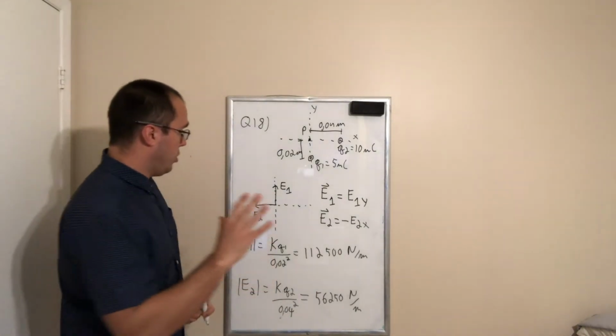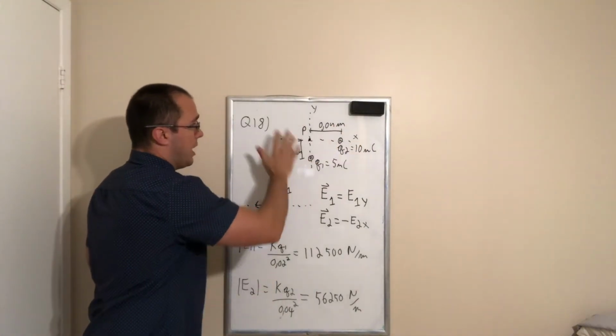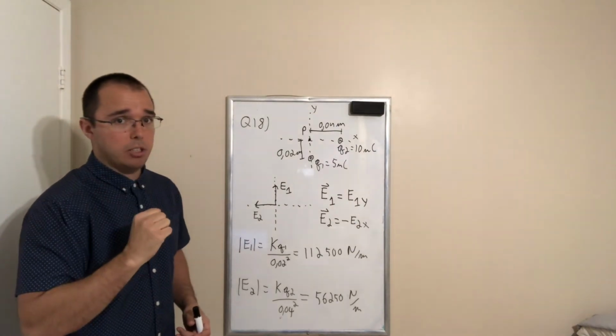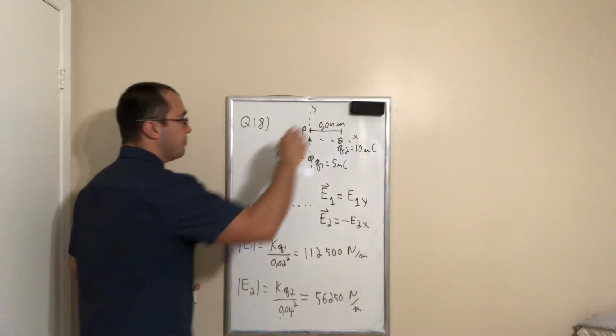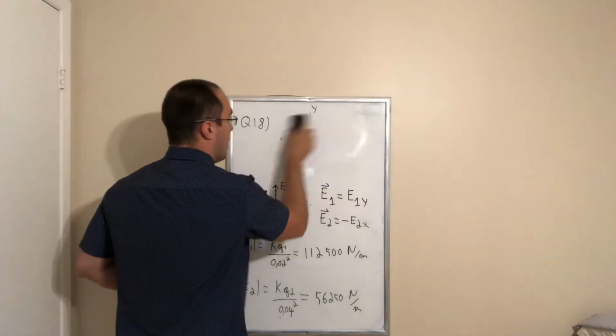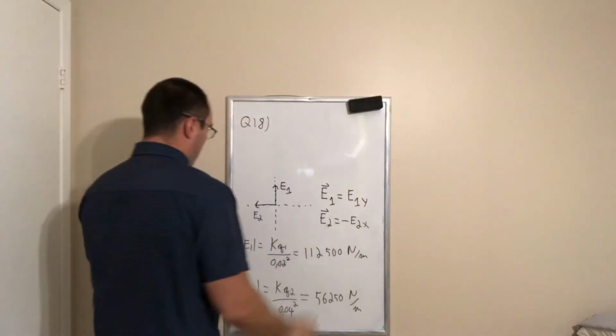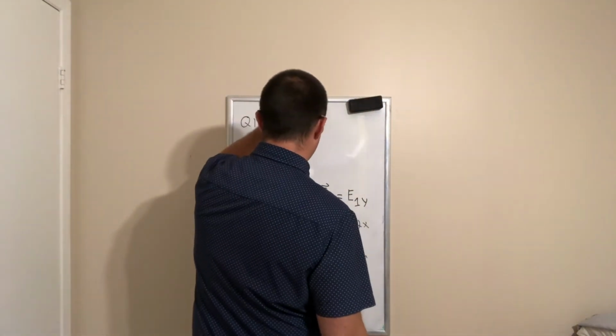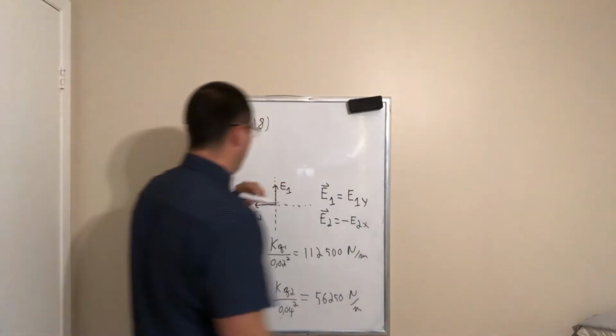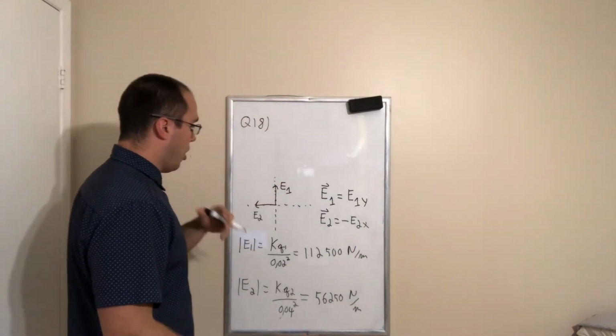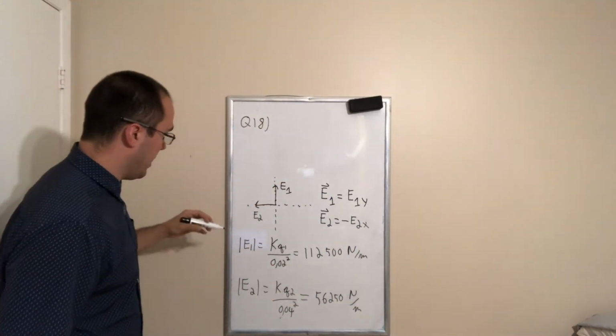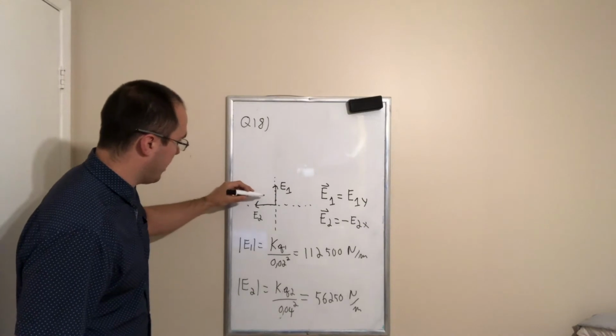So I'm going to erase at least the first diagram over here. If you need to pause the video, do it now. Now what I want to do is draw the resultant vector, and I just realized that I could use that diagram.